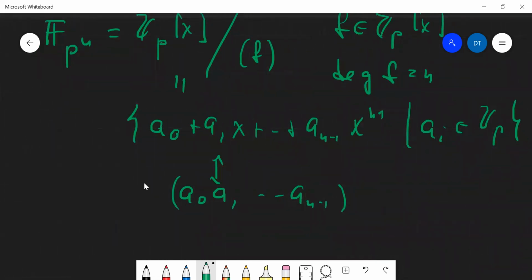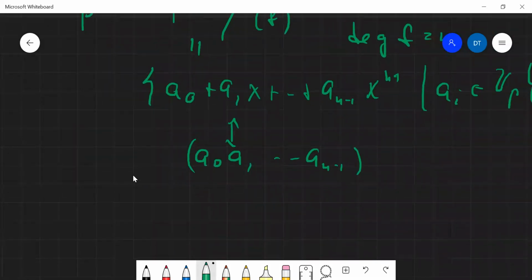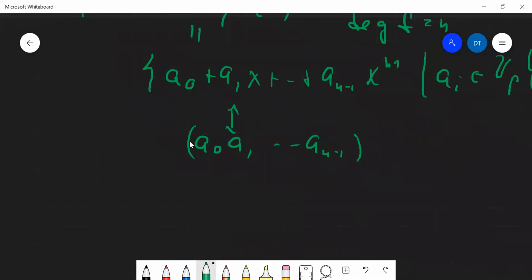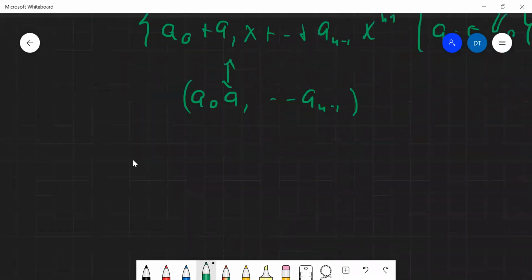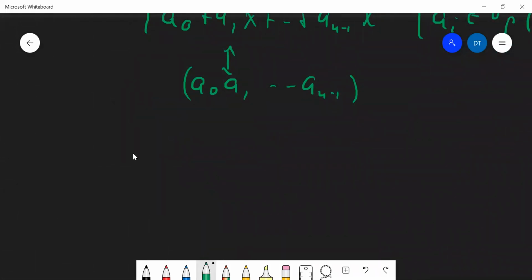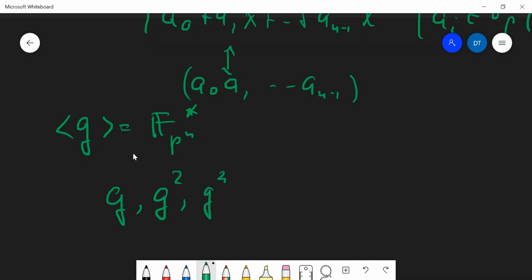So now the question is how to randomly choose an element of the finite field, or how to generate a sequence of random elements from a finite field. You first find a generator of the multiplicative group, and then you just consider all possible powers of the generator.